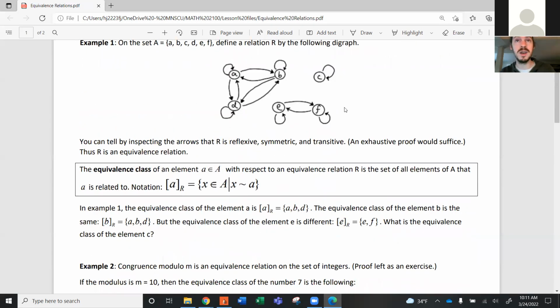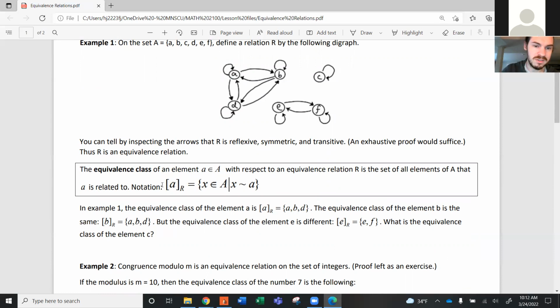Now I'm going to use this example to introduce the idea of an equivalence class. An equivalence class is the equivalence class of a particular element, and you can pick any element you want. The equivalence class of that element, with respect to the relation you're talking about, is the set of all elements that are related to that element.